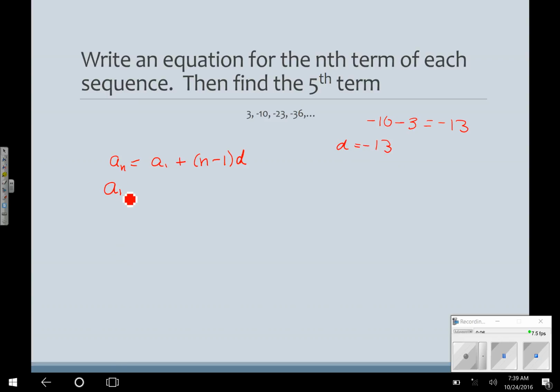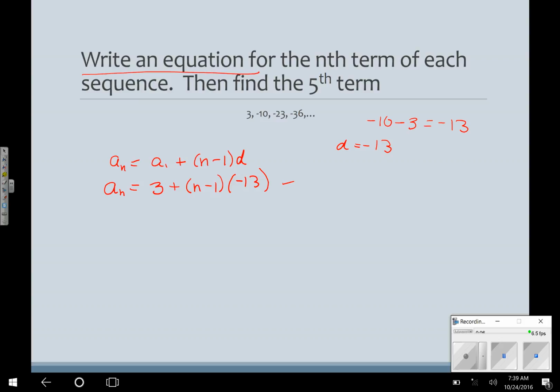So a sub n is going to equal the first term, which is 3, plus n minus 1 times negative 13. So here's our equation, or our formula. We've taken care of writing an equation for the nth term. And again, I'm going to change this to 50th term.